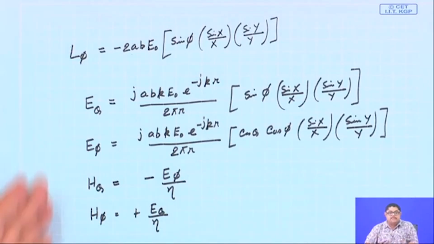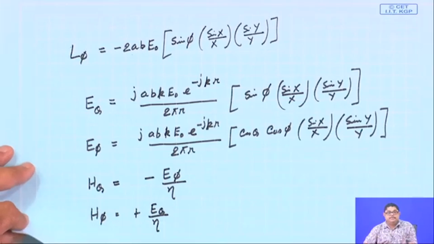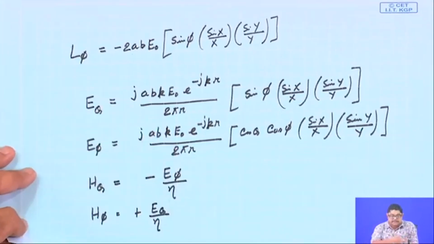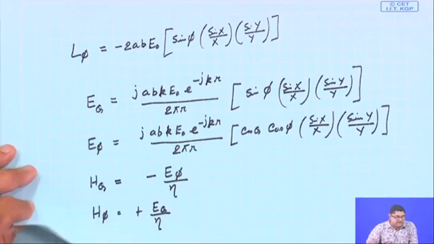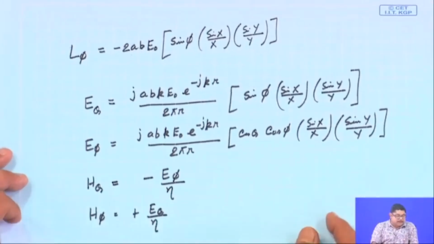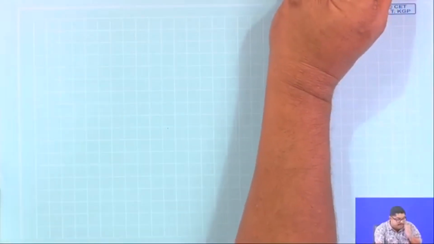Okay. So we have found easily, from the analysis that we have done, the far fields. The far field has E theta, E phi components and H theta, H phi components, and we can now find the radiation patterns.